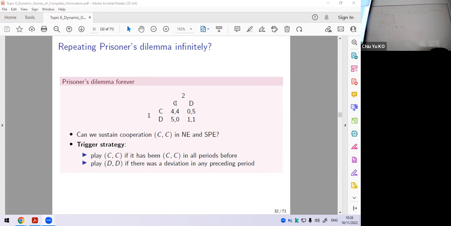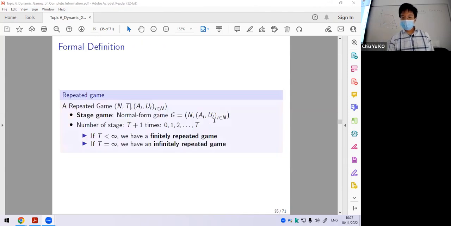So anything here. The reason is maybe some mixed strategy. But anyway, if this is followed, then you go back to here. So that is the main idea.